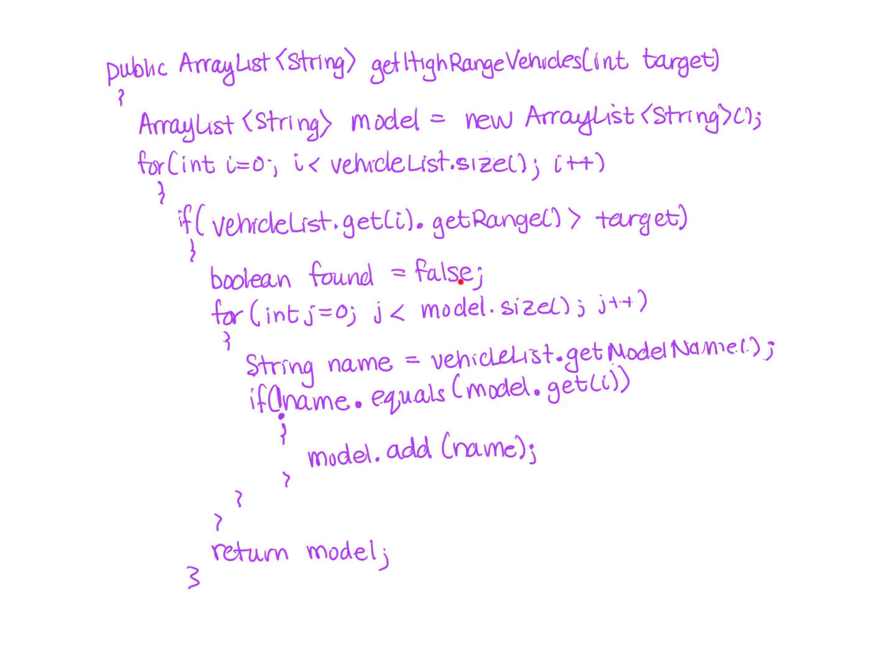Currently we say found is false. Then we go over here, and if j equal to 0 is less than the size, we create the string name. If that name is not equal to the model name, then we add it. Otherwise, we return the model. So actually, we didn't need the Boolean flag on this one, the way I wrote it that time. And that's the next one.